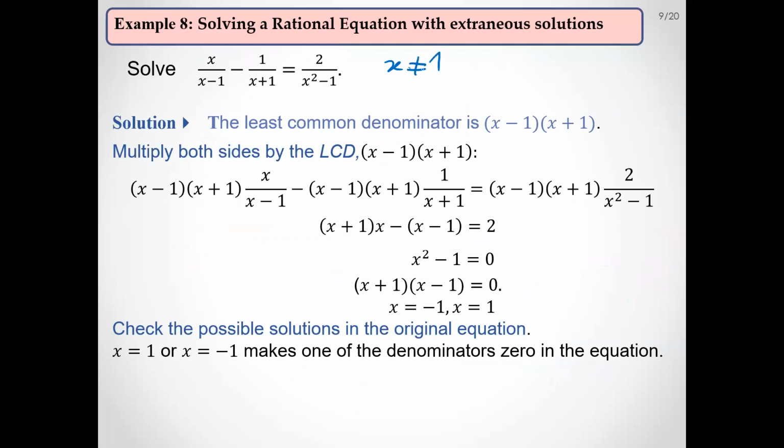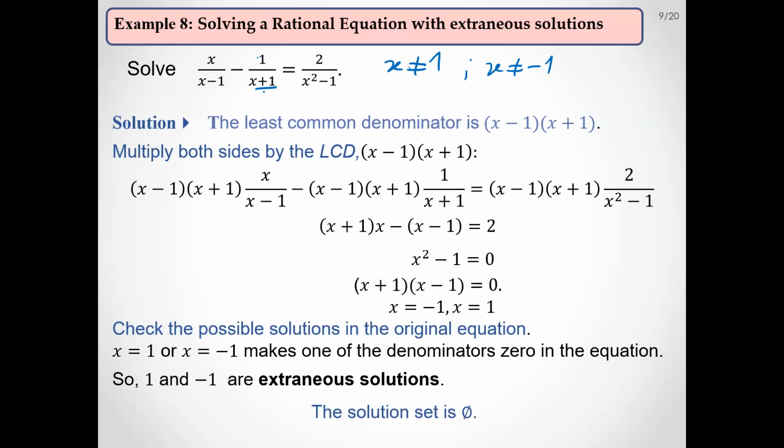So it cannot be different from 1 and equal to 1 at the same time. And x must be different from minus 1 to make our quantities defined. So here both are extraneous solutions, and the solution set is the empty set.